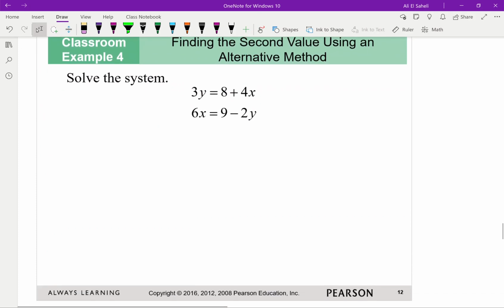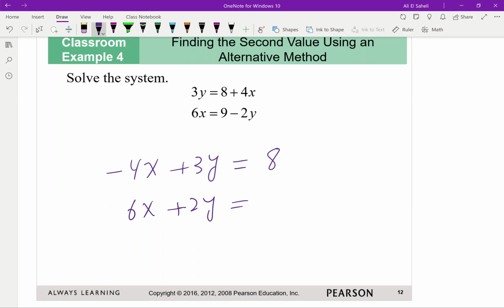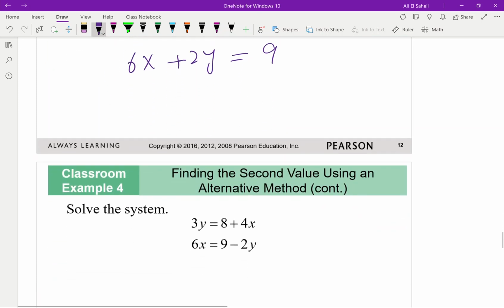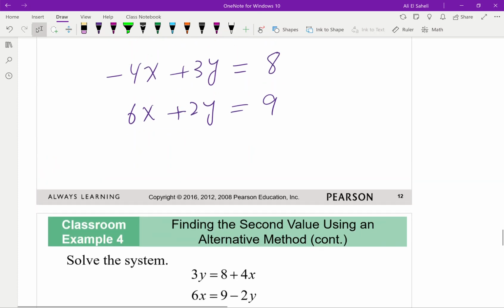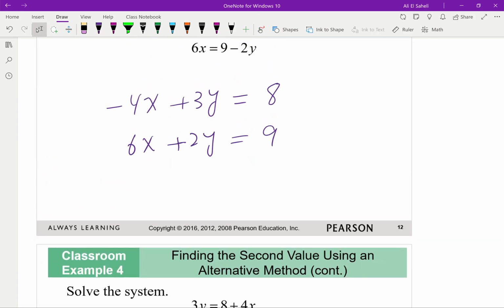Alright. Now, write it in standard form. So you have minus 4x plus 3y equals 8, 6x plus 2y equals 9. Now, we can eliminate x or y.